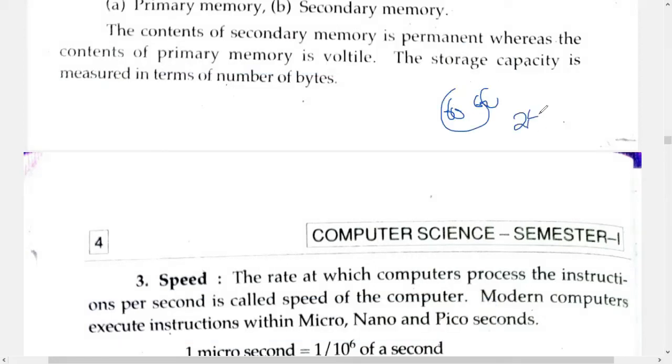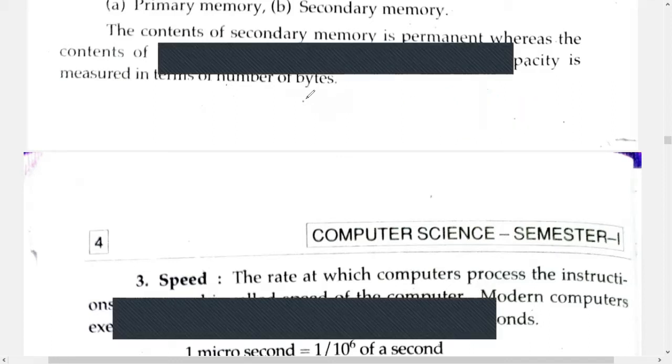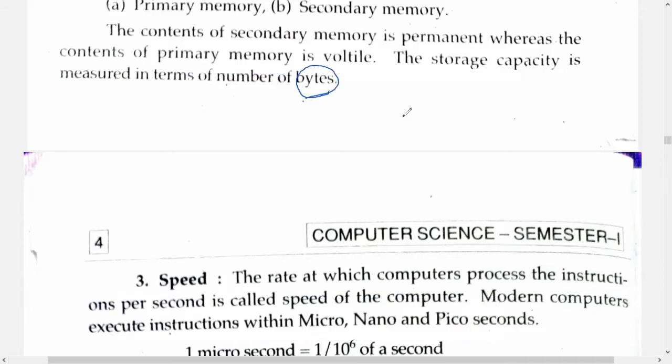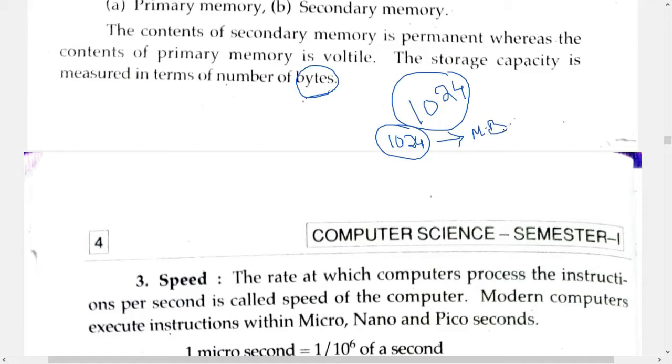However, there is another, like 24 hours. In that way, we have calculations for memory. There is a standard number, 1024. 1024 bytes is 1 kilobyte, 1 KB.